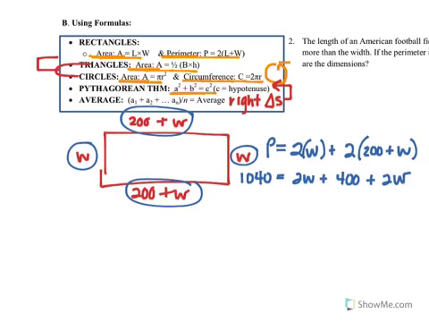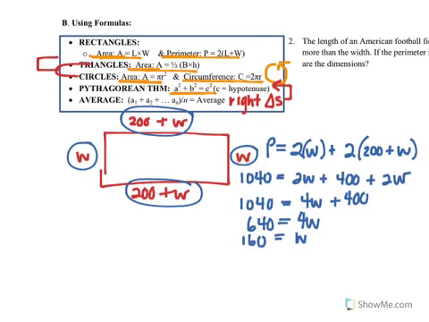Distributing and simplifying and combining like terms gets me 1,040 equals 4W plus 400. Then I get 640 equals 4W. And finally, W equals 160.